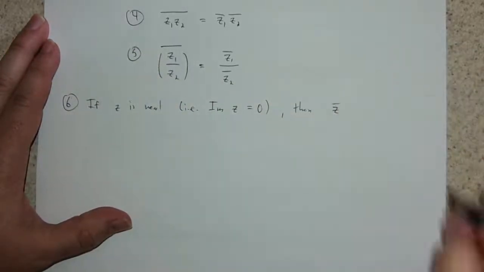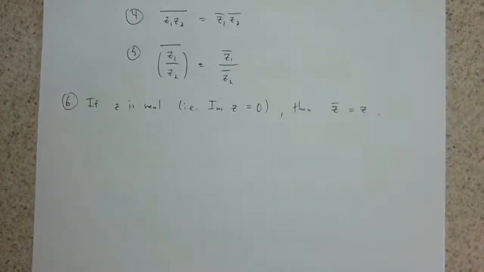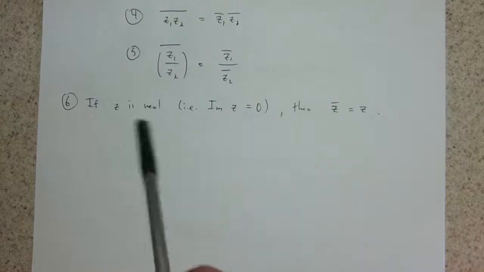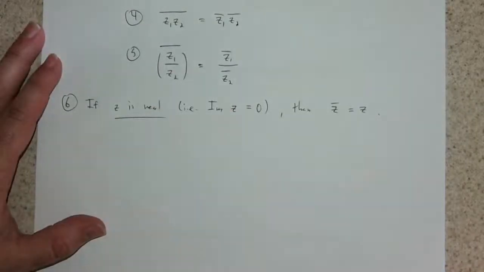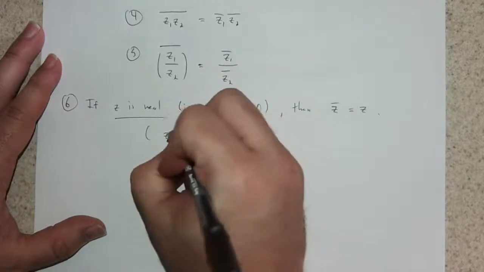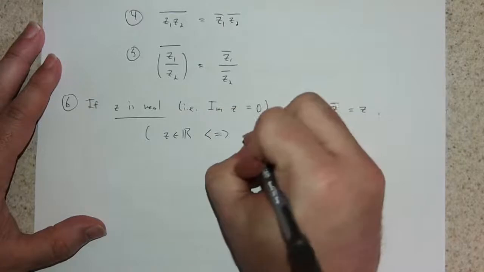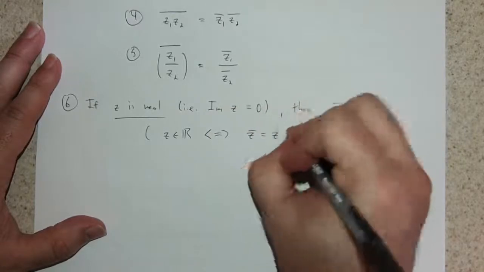Then the conjugate of z is equal to z. In fact, this doesn't just go in this direction, this goes in the opposite direction, right? So a complex number is equal to its own conjugate if and only if it's real. So this is actually an if and only if statement. So actually, z is real if and only if z bar is equal to z.